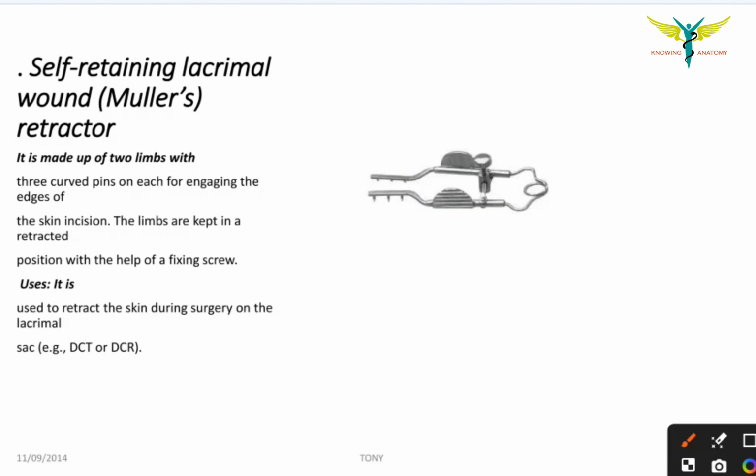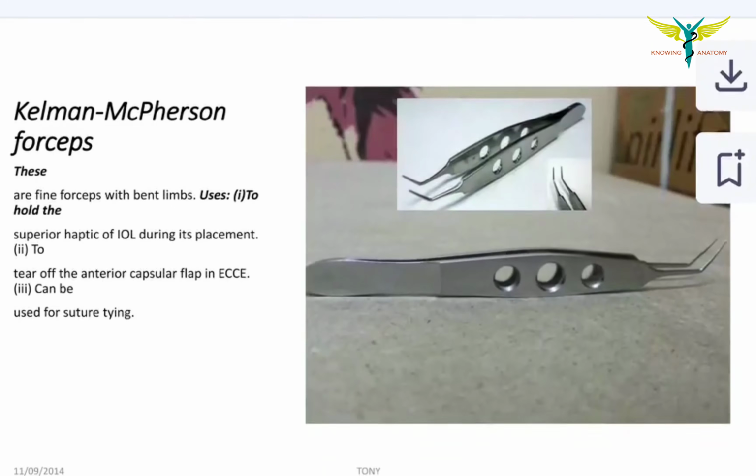Self-retaining lacrimal wound retractor or the Muller's retractor. It is made up of two limbs with 3 curved pins on each engaging edge. The limbs are kept in retraction position with the help of a fixation screw. Its uses. It is used to retract the skin during the surgery on the lacrimal sac.